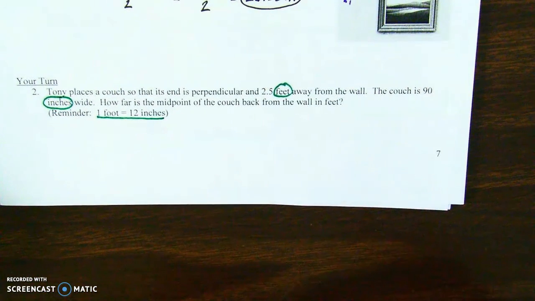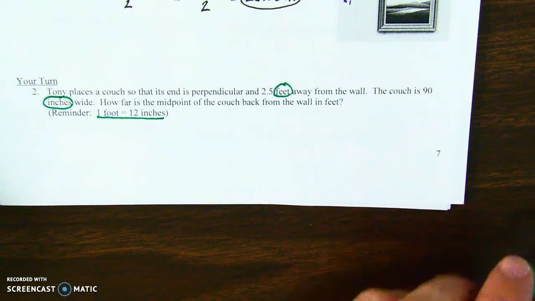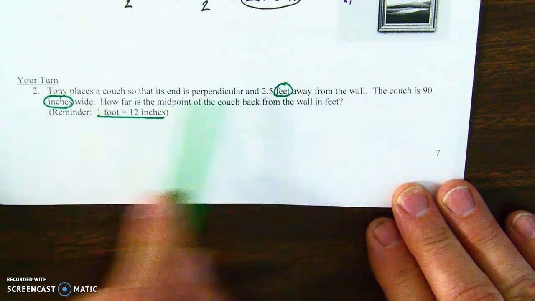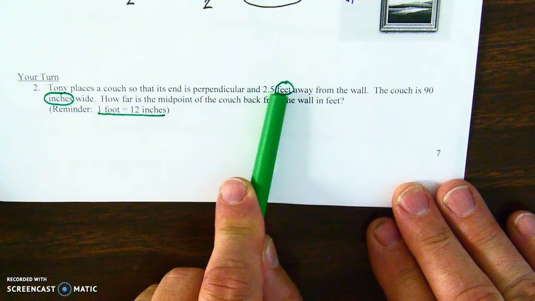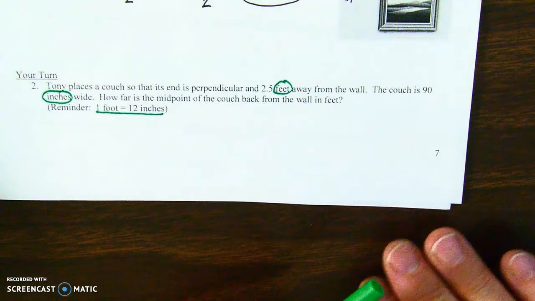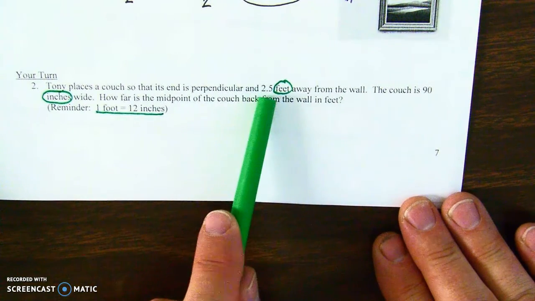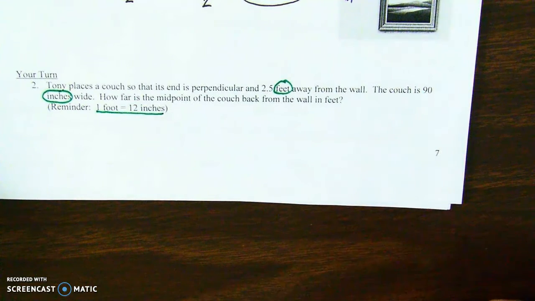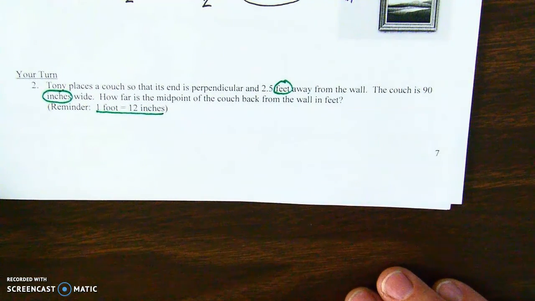So your job first is to convert both of them to inches or both of them to feet. I would probably convert my feet to inches and then convert back to feet as my final answer. So there's a subtle hint on that.